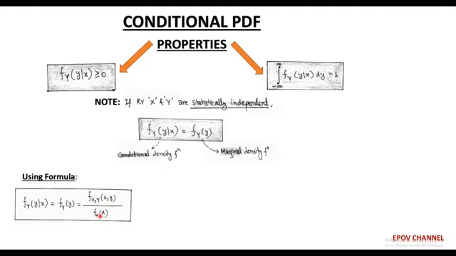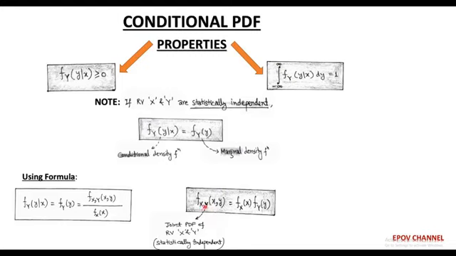Here we consider x and y as statistical independent, then the joint PDF function f function x comma y is simply written as the product of their individual marginal densities, that is f function x and f function y. So after putting marginal density function corresponding to random variable x is cancelled and we get only f function y. So for statistical independent random variables x and y, the marginal density function is same as conditional probability density function.